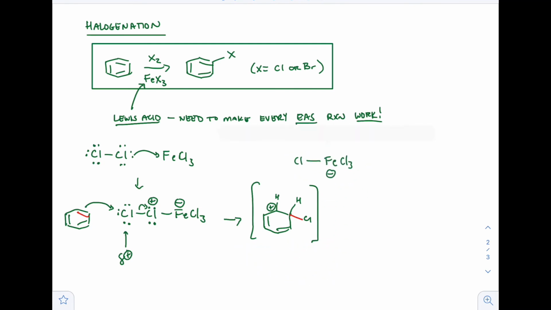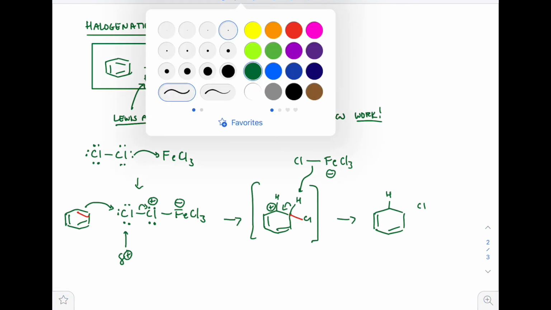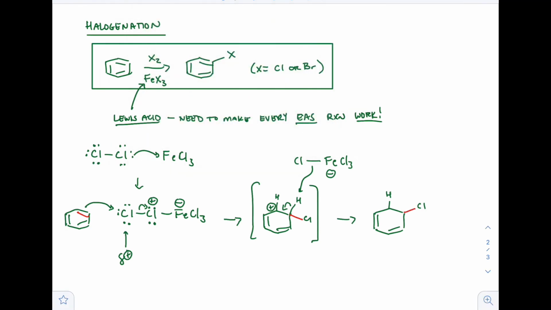So let me move this guy around. He can grab that proton to reestablish aromaticity, and so of course we're going to get our substitution product with the chlorine on there. Kind of wanted to keep that bond red again just to show you. Not only did we form that substitution product, but we've reformed the iron trichloride as well as HCl.